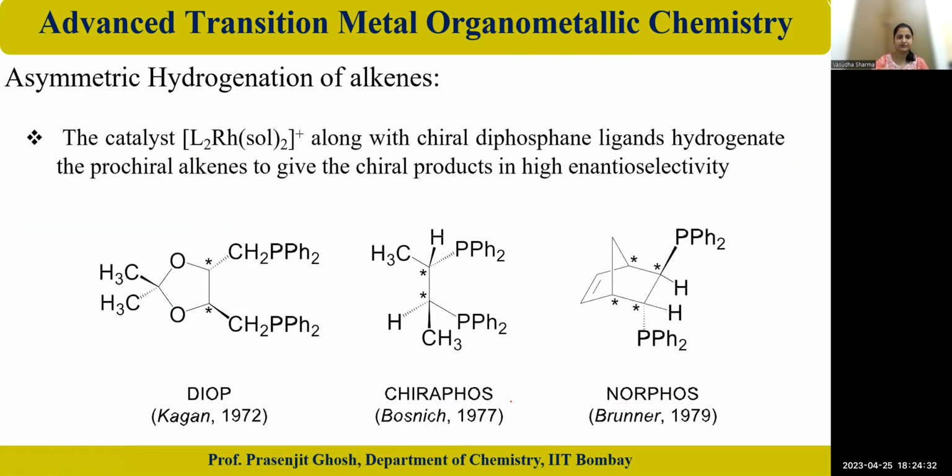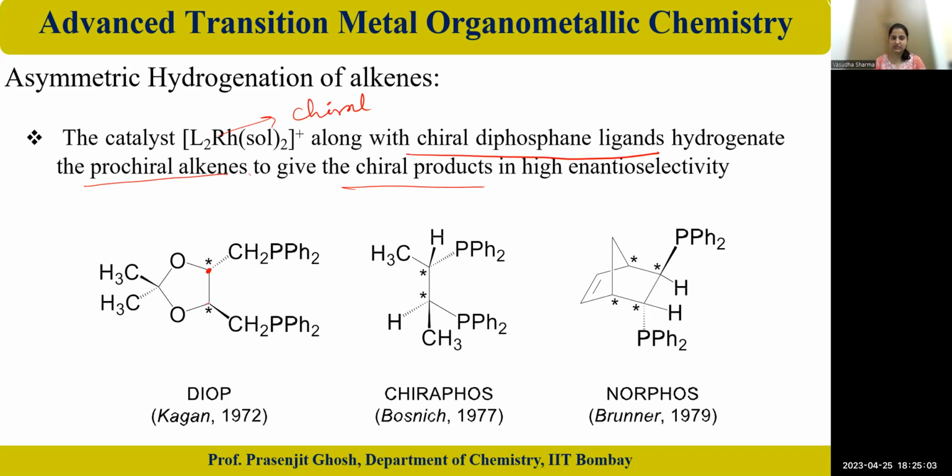Okay. So now the asymmetric hydrogenation of alkenes: the catalyst L2 rhodium Sol2, where L we have seen, along with the chiral diphosphane ligands, hydrogenates the prochiral alkenes to give the chiral products in high enantioselectivity. So to make this particular system chiral, the whole catalyst, we need to involve the chiral diphosphane ligands as shown over here.